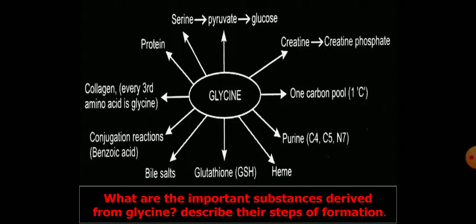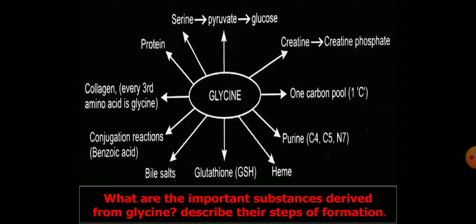So if you are asked to write the products, you had better write all four: heme, purine base, creatine synthesis, and glutathione synthesis. If you are asked to write the functions, you can write about the benzoic acid deconjugation reaction, neurotransmitter function, etc. Okay, so I hope you have understood the important products formed from glycine, and how glycine is formed in our body, that is by four mechanisms: from serine, from threonine, from carbon dioxide and ammonia, and from glyoxylate.